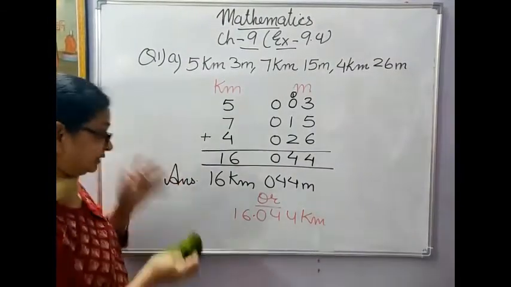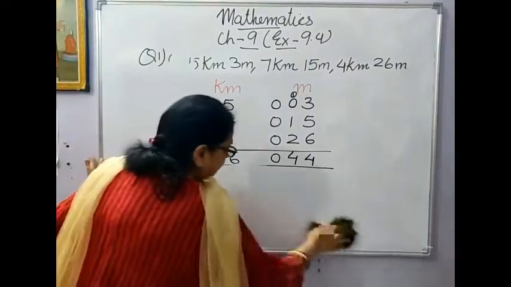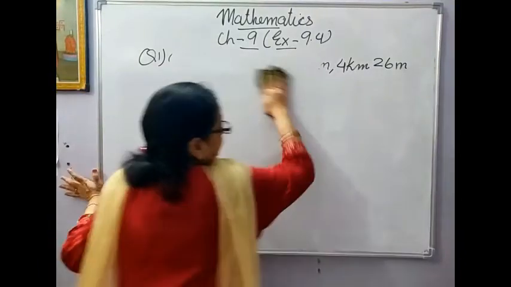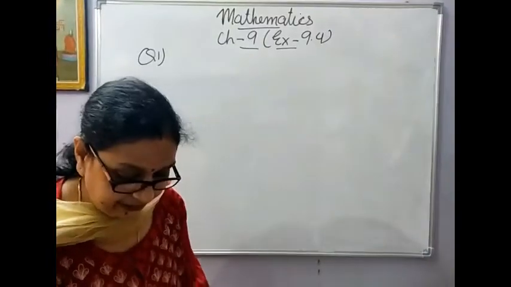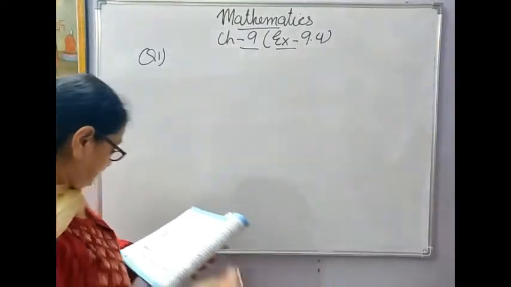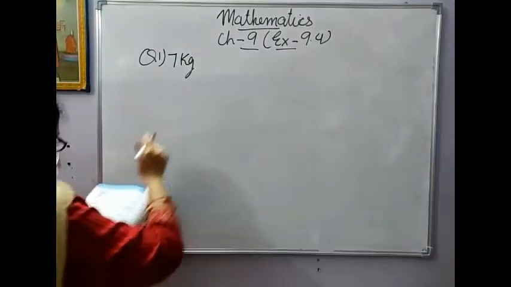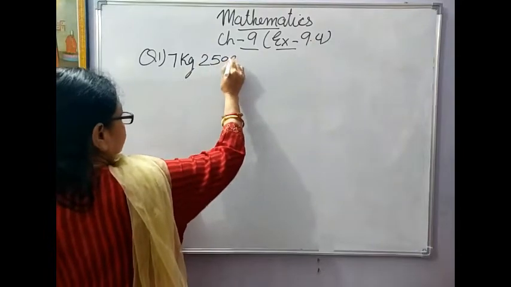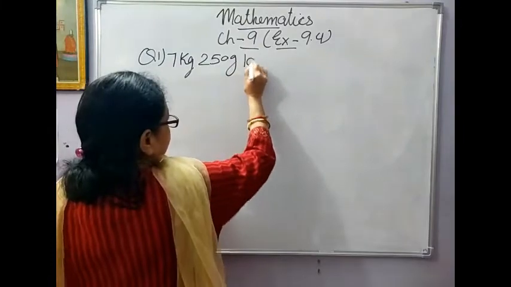Then we move on to the next sum. Sum number B, I think I will be doing. Sum number B, it is 7 kilogram, 250 grams, and I'll take 10 milligram.